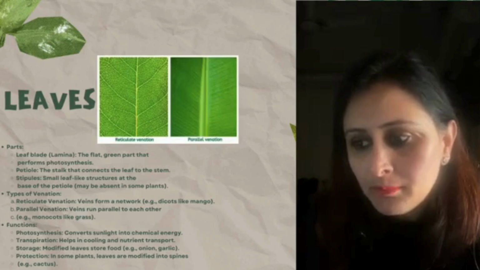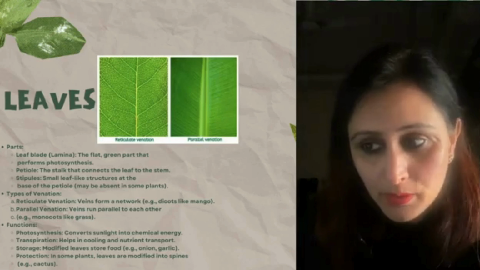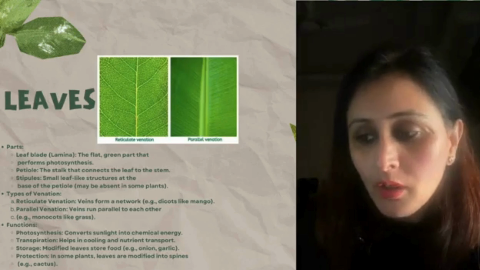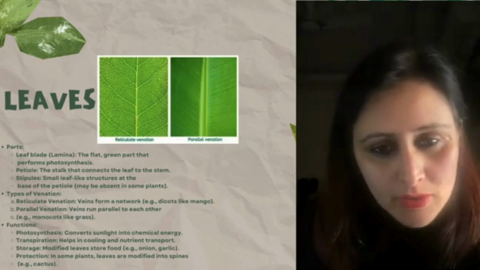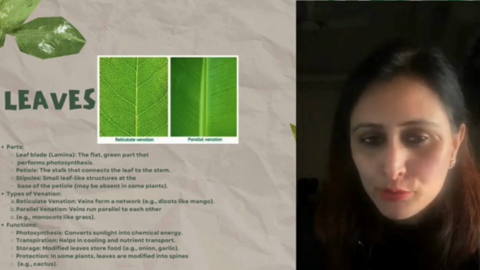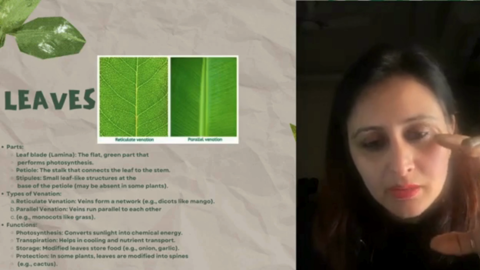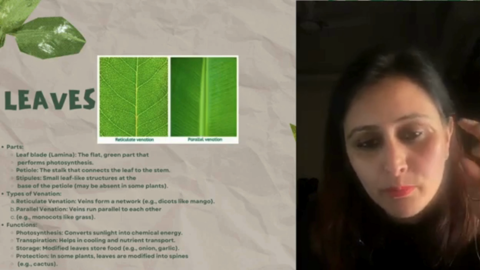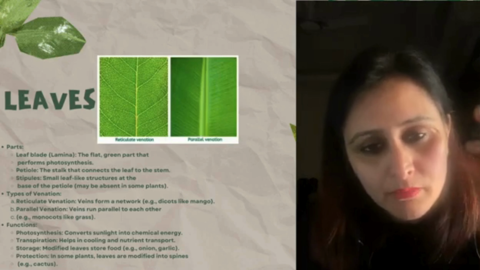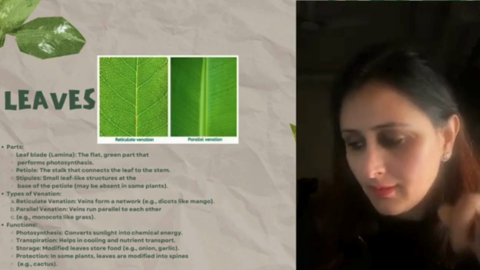Now protection in some cases, like in the cactus, we have discussed in the previous topic in the stem also, कि cactus के अंदर the leaves are modified into the spines or the thorns, due to which it protects कि उसके अंदर का जितना water content और fleshiness है, to protect it from the animals, the leaves are modified into the thorns, right?